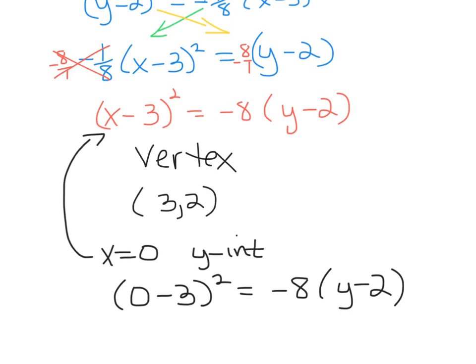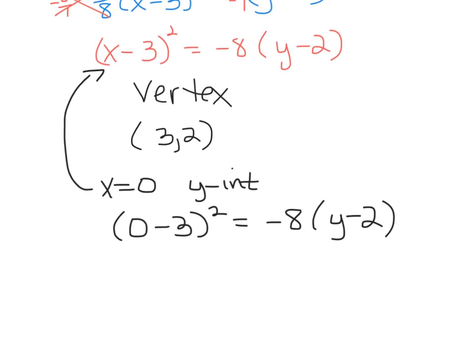Usually when it's in standard form, like ax squared plus bx plus c, it's easier to plug it into the original. But my original was a bit much, so this is why I'm going to plug it in here.